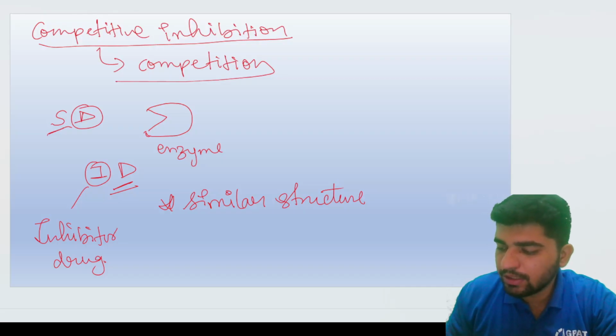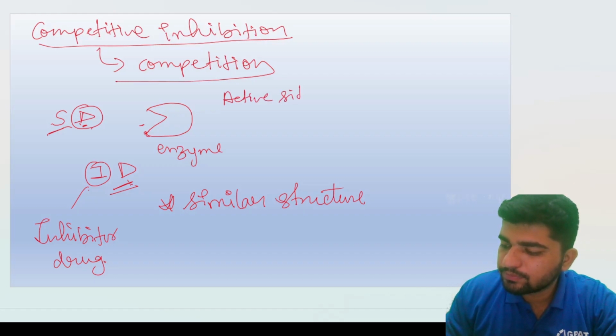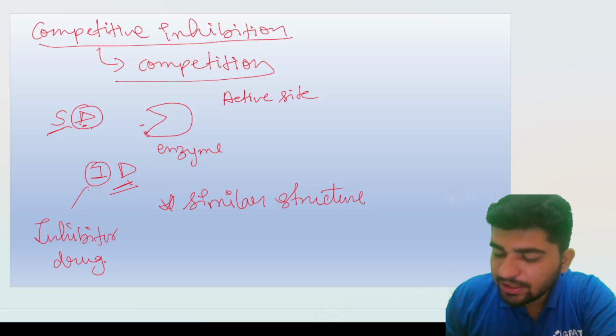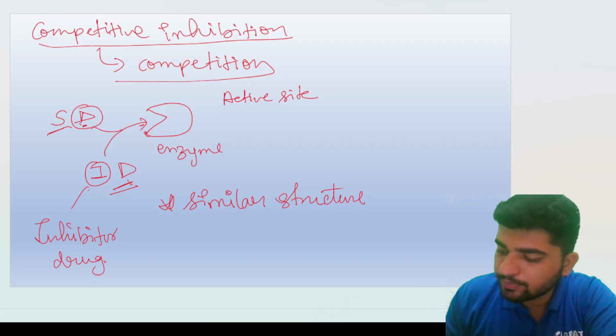First one is the substrate and second one is the inhibitory drug. Both have a similar structure to bind this site. This site is called the active site. So this inhibitory drug will compete against the substrate.